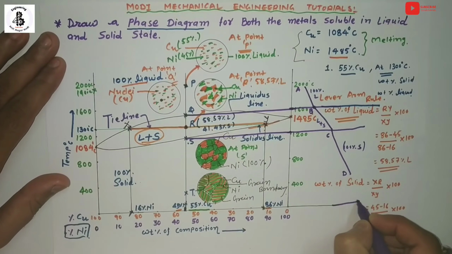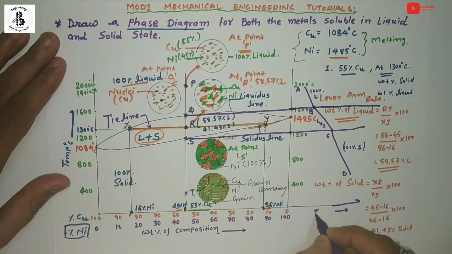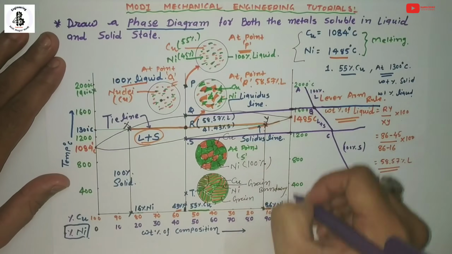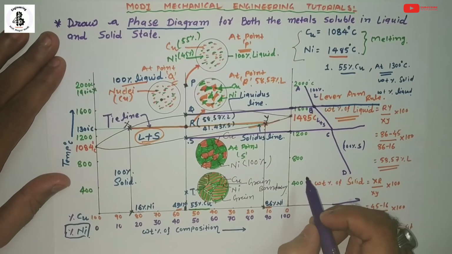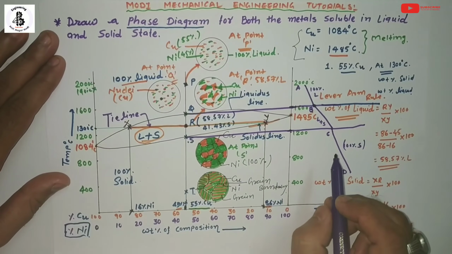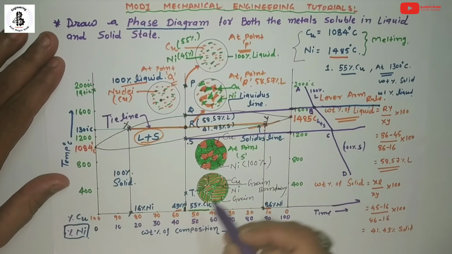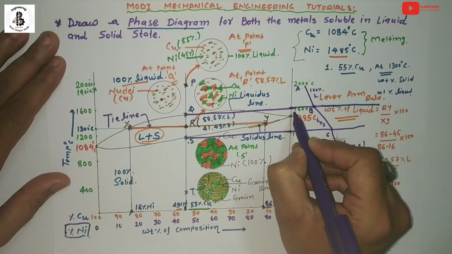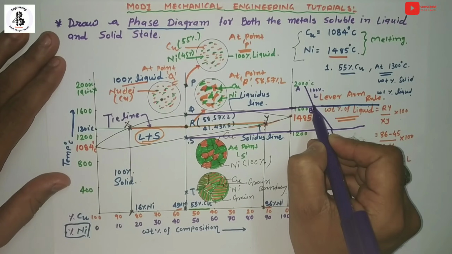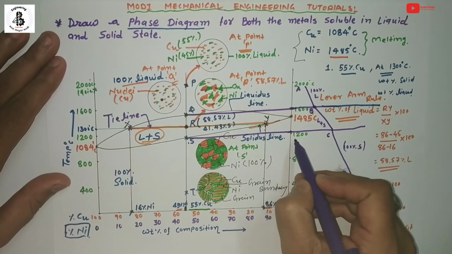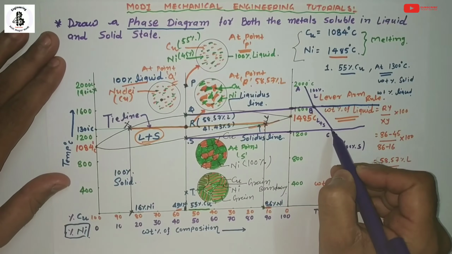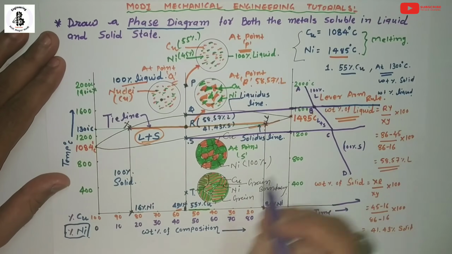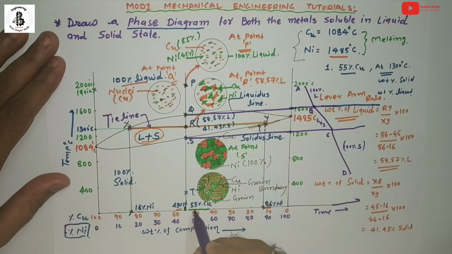So just note down over here, this axis indicates time, and this axis represents temperature. So for this composition, you can see around 1600 degrees temperature is the starting point of solidification, and around 1200 is the completion of the solidification process, for 55% copper and 45% nickel.